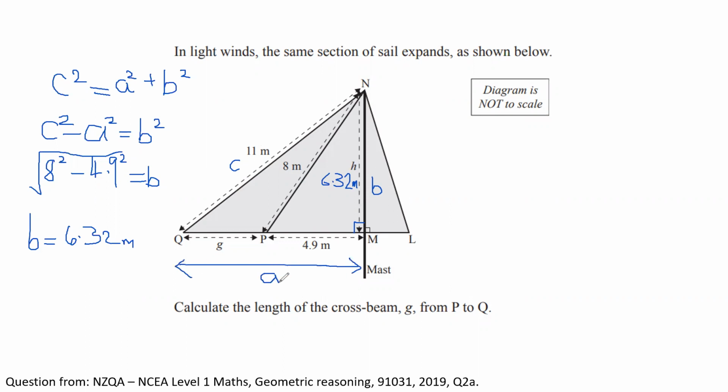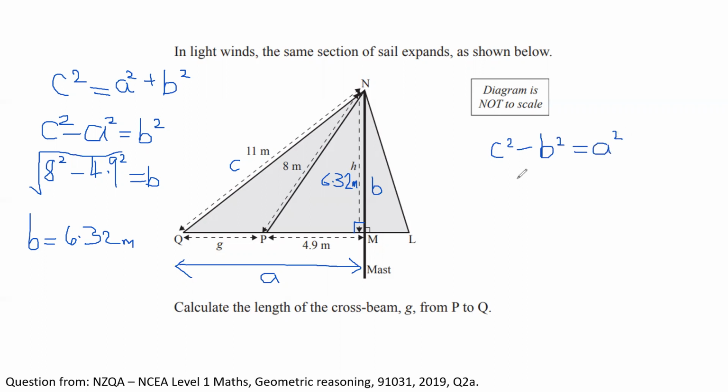So we can call this one A for now. We can apply exactly the same again, do Pythagoras for a second time. So this time it will be C squared minus B squared, because A is the one that we're trying to find out, and that will give us a value for A squared.